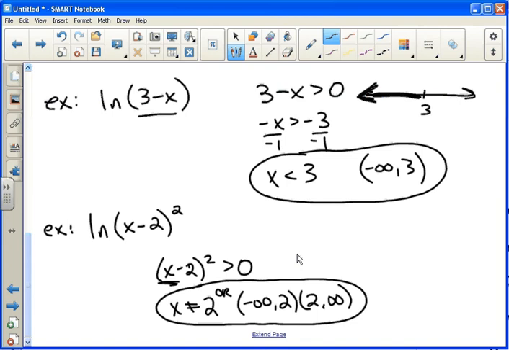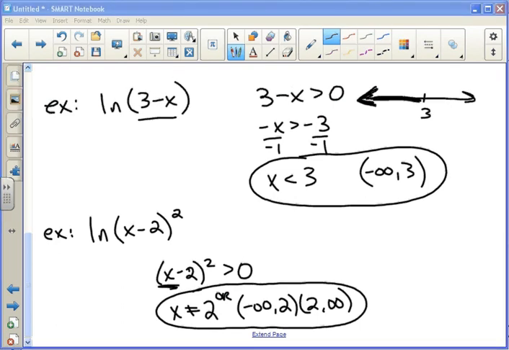Okay, we're almost finished. I just want to show you one example of a word problem with natural log in it, just so you are familiar with it. So here we go.